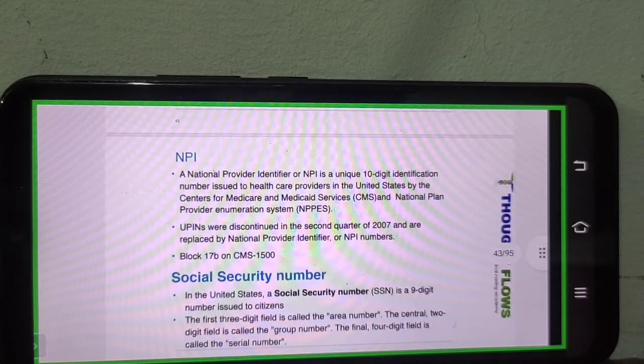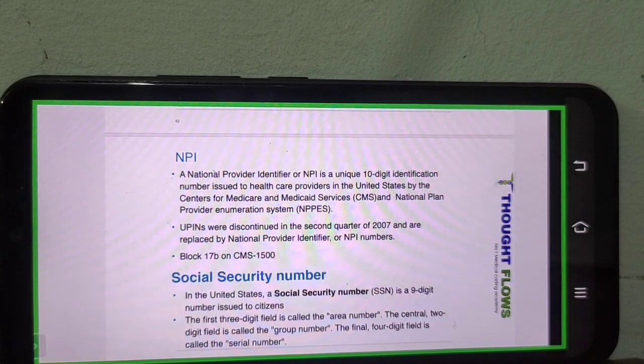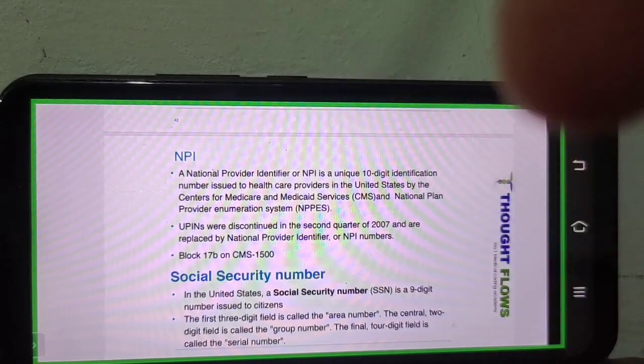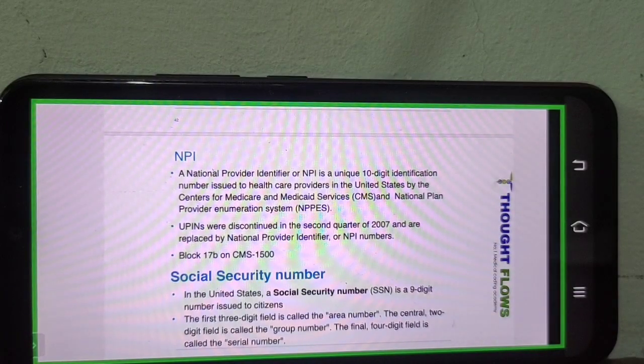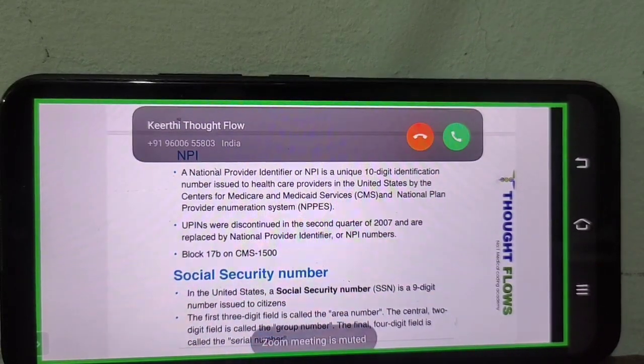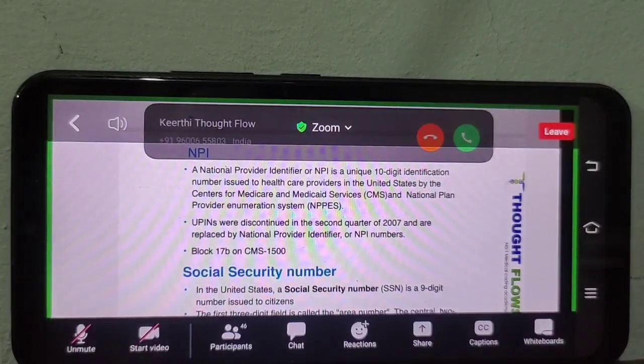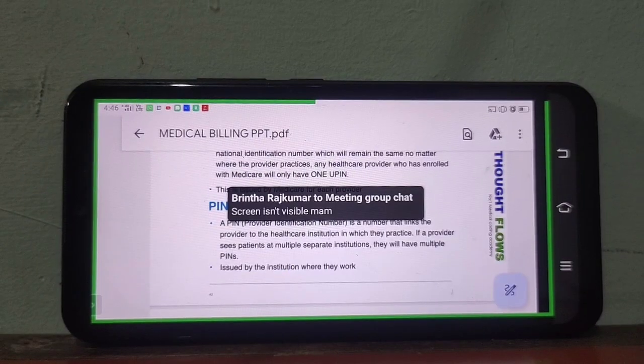NPI means National Provider Identifier. It is like our doctor's license number. After completion of training, the government gives a license number to every provider for their practice. Am I right? So NPI is a National Provider Identifier ID number.